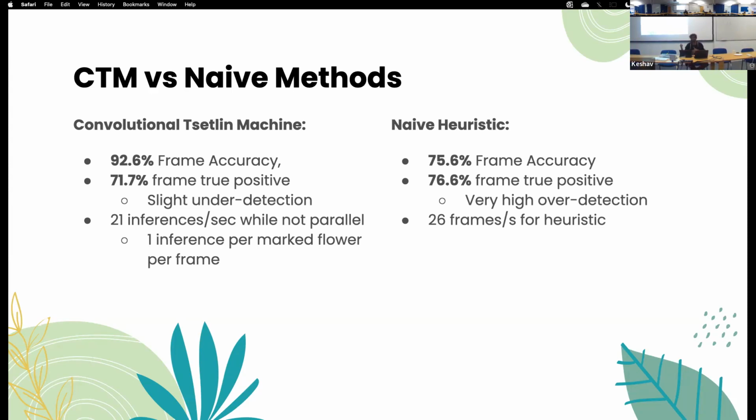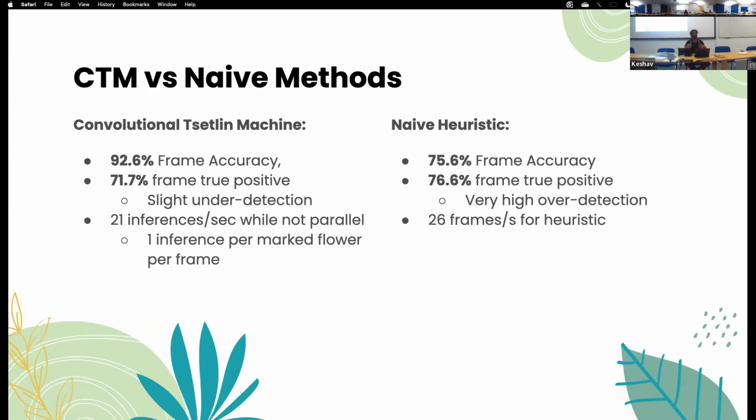Comparing this to the naive heuristic, we were only able to get a 75.6% frame accuracy and a slightly higher 76.6% frame true positive detection rate. However, given that the frame accuracy is substantially lower and the frame true positive is slightly higher, this seems to indicate that we have a very, very high over detection rate of pollination events.